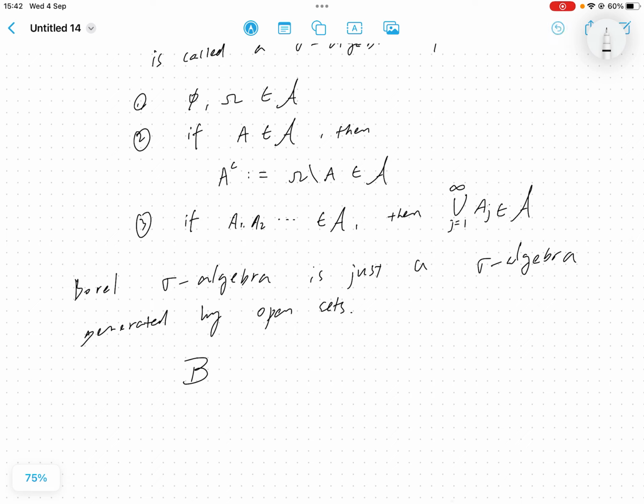Maybe we just skip that. Basically this Borel sigma algebra is already big enough.